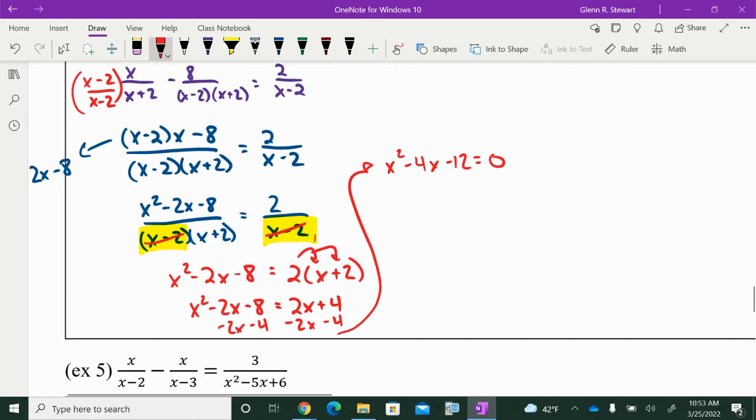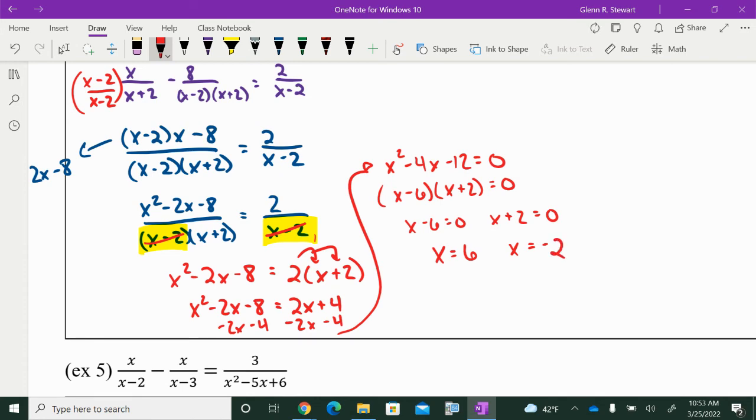I can factor that. What's going to multiply to give me negative 12 and add to give me negative 4? It's going to be x minus 6 and x plus 2. So then x minus 6 equals 0. x plus 2 equals 0. So x is equal to 6. And x is equal to negative 2.